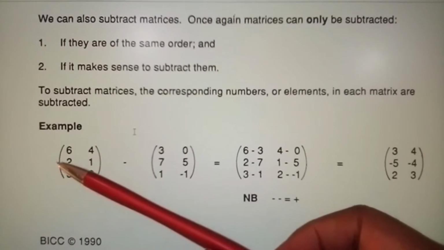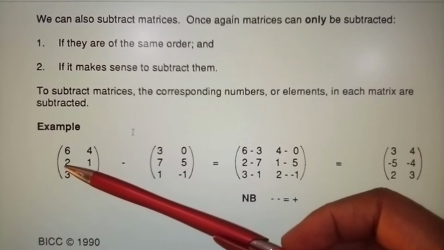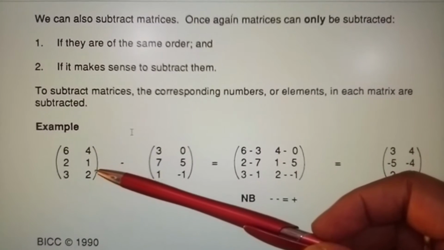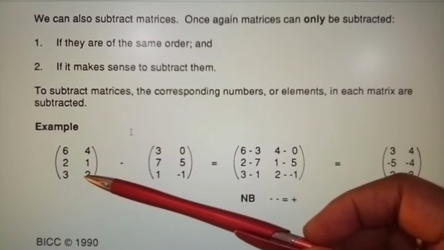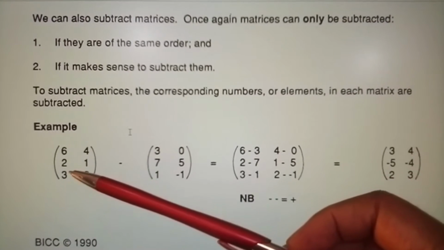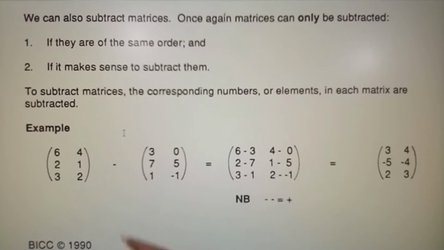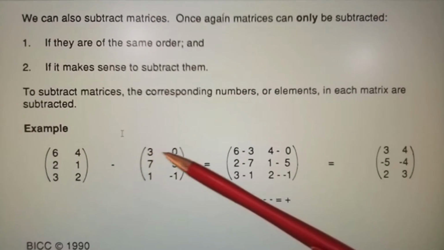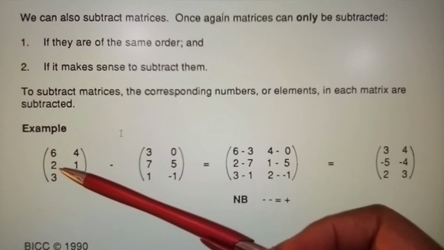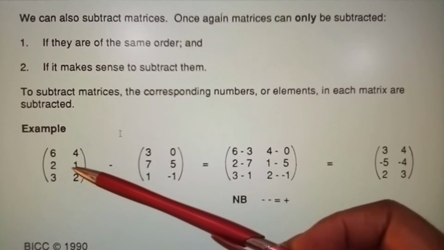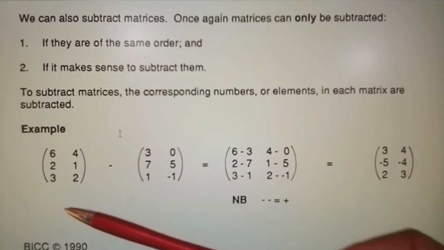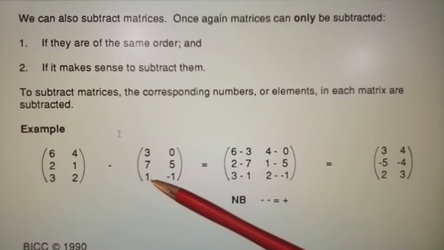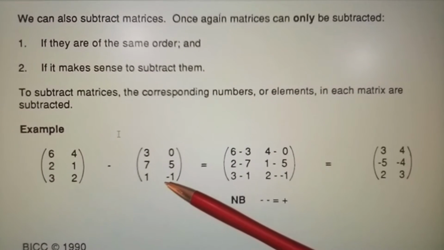Our example. So it's a 3 by 2. Okay. So we're saying 6 minus 3, 4 minus 0, 2 minus 7, 1 minus 5, 3 minus 1, and 2 minus 1.